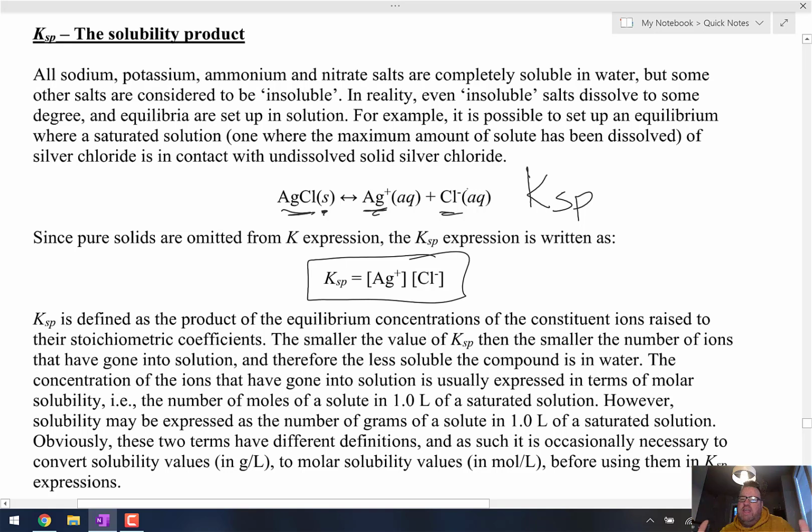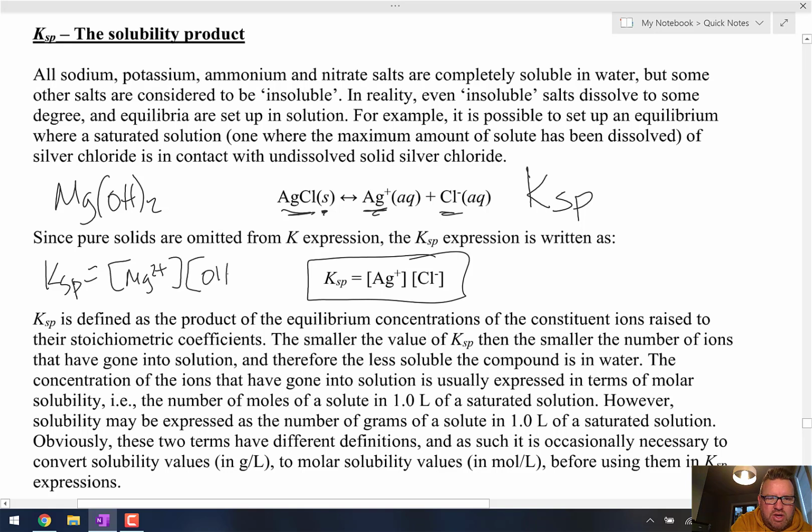And just like any other of the ones that we've done with this, for example, if we had Mg(OH)2, that's also insoluble, the Ksp for that would be Mg2 plus times OH minus, and that would be squared, because when that breaks apart, you get Mg2 plus and 2 OH minuses.